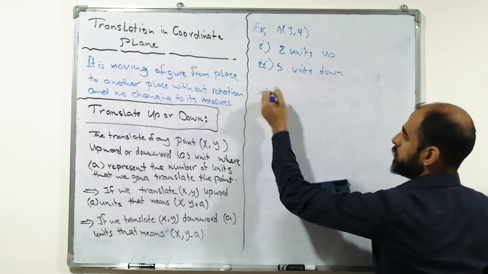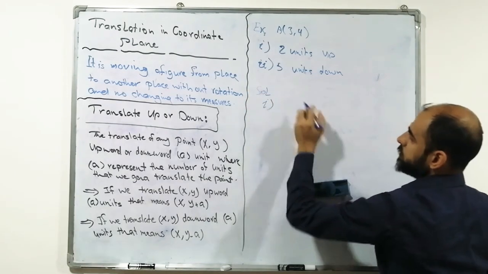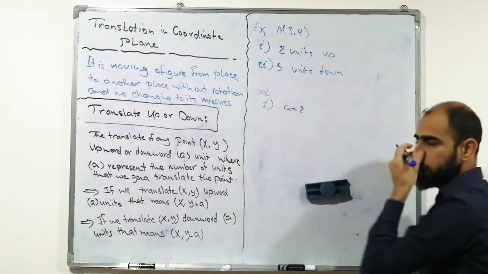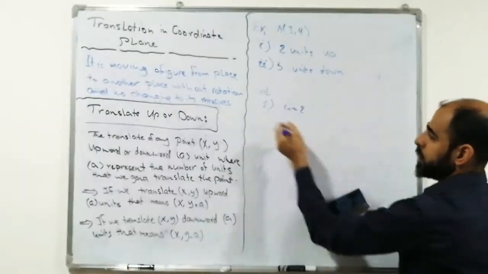Now the solution of the first part of this question: here a is equal to 2, the number of units.